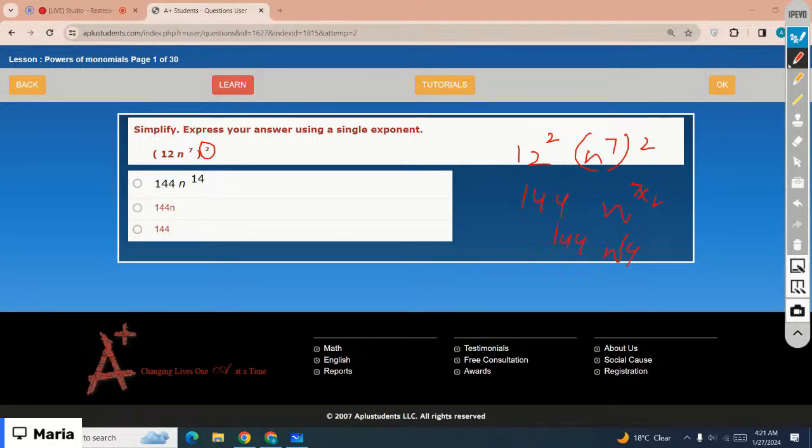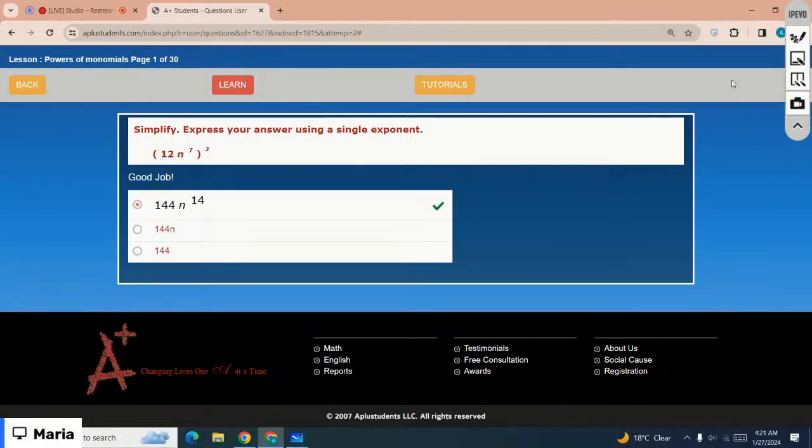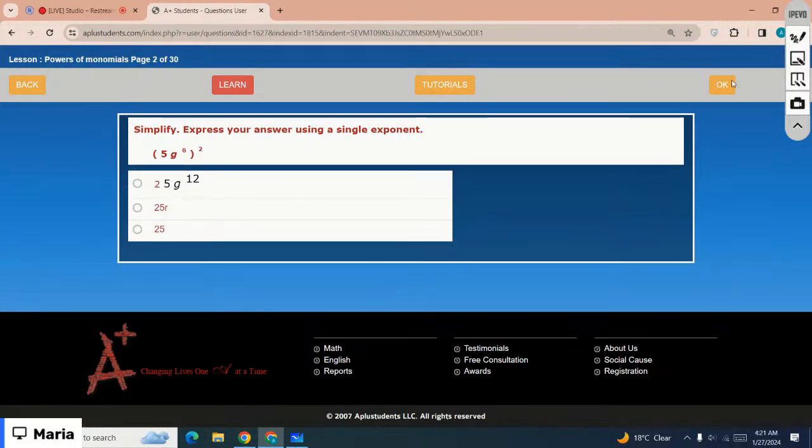Yes, the correct option is option number 1, that is 144n exponent 14. Option 1 is the correct option. The next one is simplify 5g square exponent 2, which is the correct option?